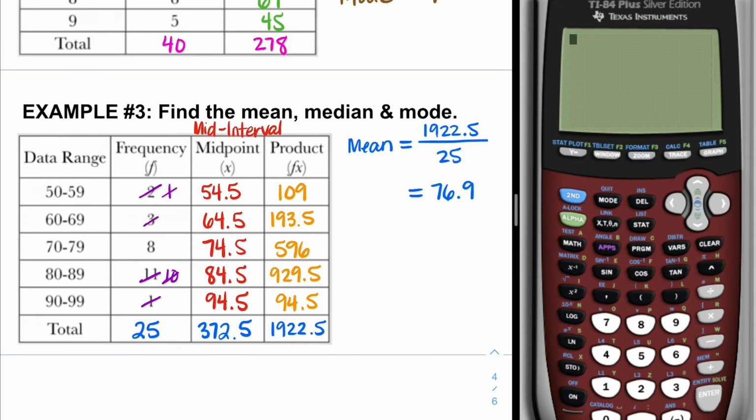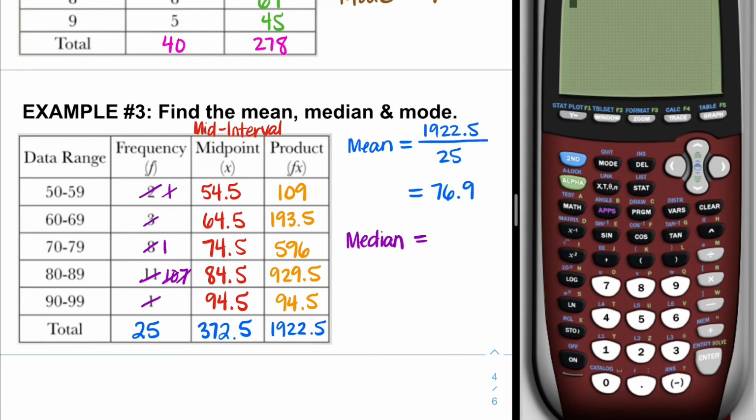Cross these out, and that's going to leave me with 7 here. If I cross that 7 out and cross 7 here, that's going to leave me with 1 more left here. So my median is going to be the mid interval of that interval, and we already know that the middle number between 70 and 79 is going to be 74.5.